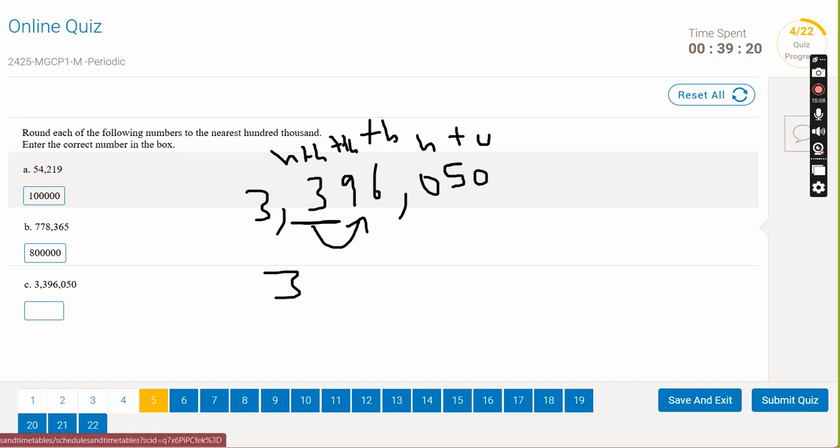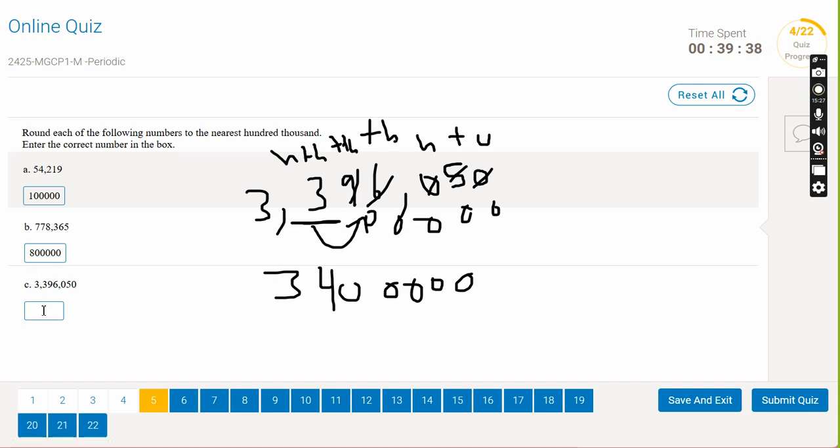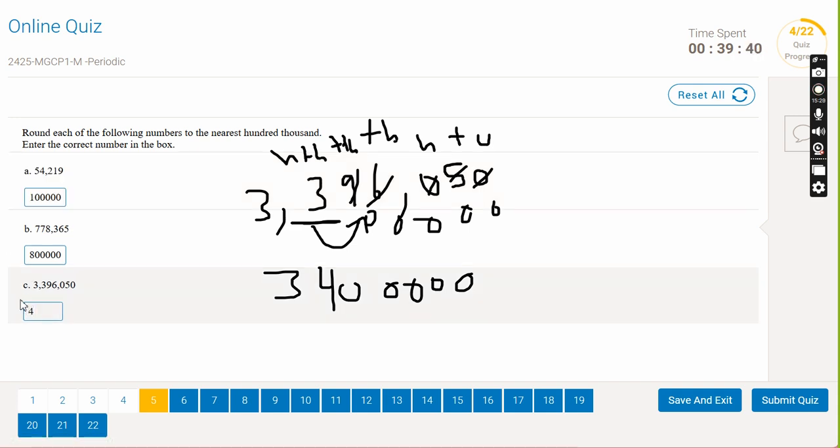The rest of the numbers, all zeros. So 3, 0, 0, 0, 0, 0. Okay? Just counting the zeros to make sure. 1, 2, 3, 4. Always count the zeros.